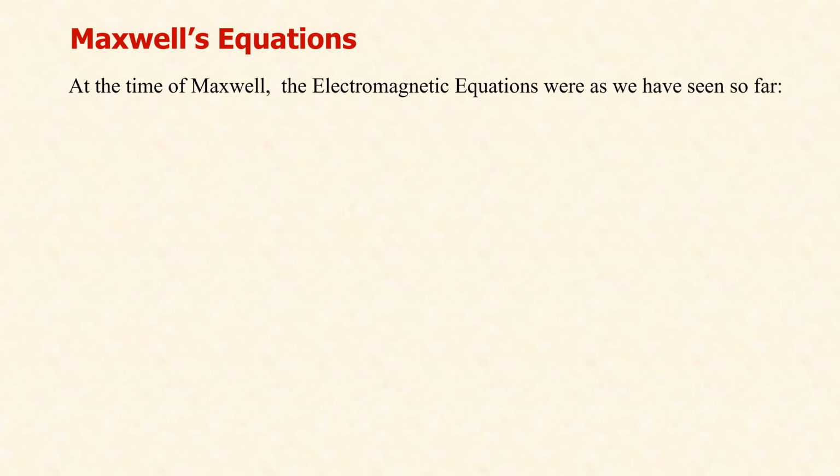Now I'm going to start with Maxwell equations. At the time of Maxwell, the electromagnetic equations were as we have seen so far. We had Gauss law, remember chapter 23, that says that flux through any closed surface, integral E dot dA through any closed surface, is equal to the charge inside that closed surface divided by epsilon naught.